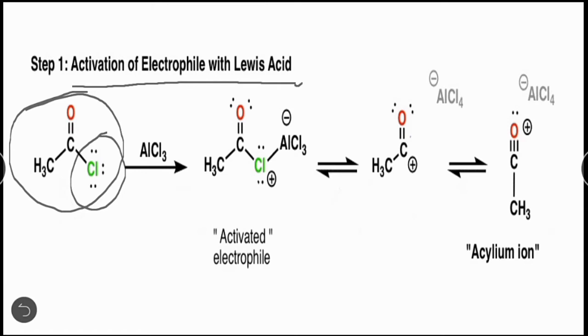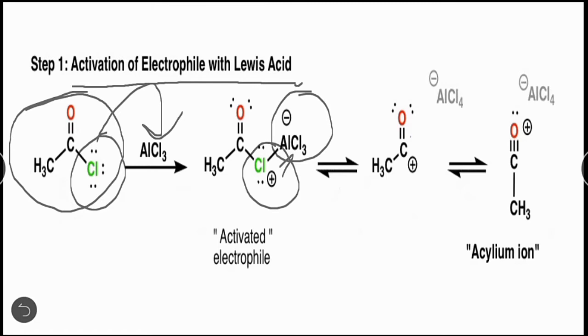What will happen is that this chlorine will donate its electron pair to this AlCl3, due to which a negative charge will be acquired on this AlCl3 and a positive charge on this chlorine atom, right? It's obvious, and a bond will form between them.